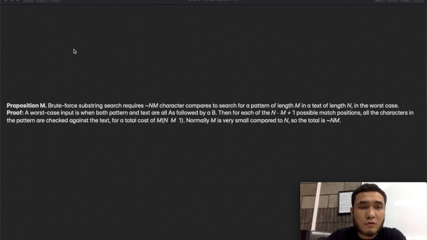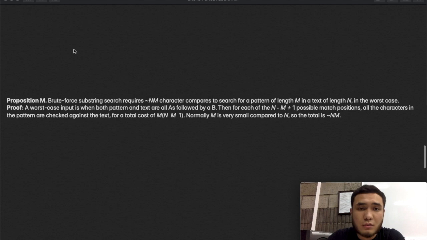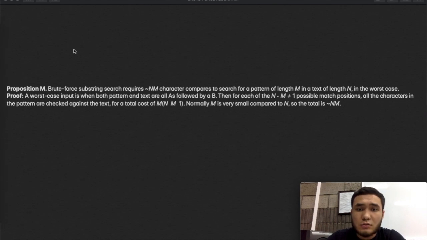Proposition: brute-force substring search requires NM character compares to search for a pattern of length M in a text of length N in the worst case.